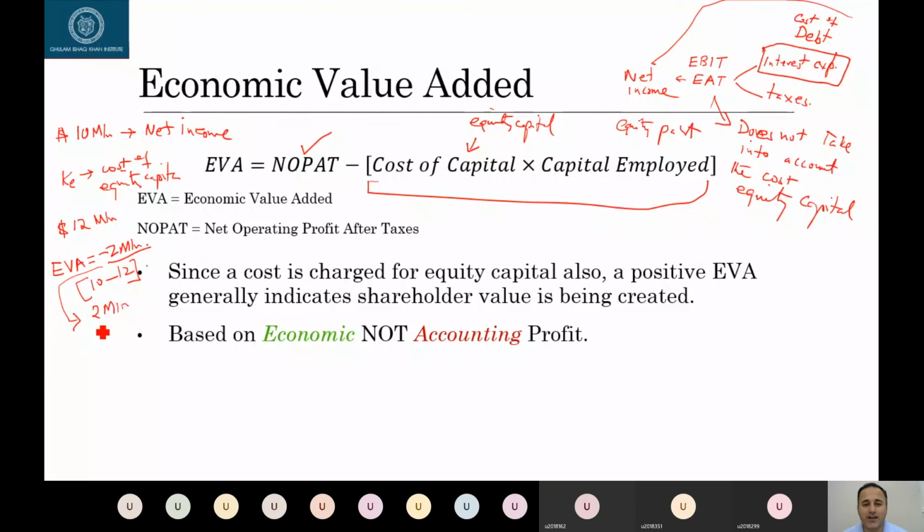The value of the company went down by $2 million. And why $2 million? Because those equity capital holders could have invested that money in a similar company, and that could have earned $12 million. Do you see my point, Osman?